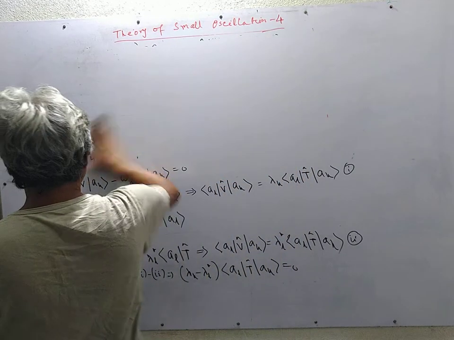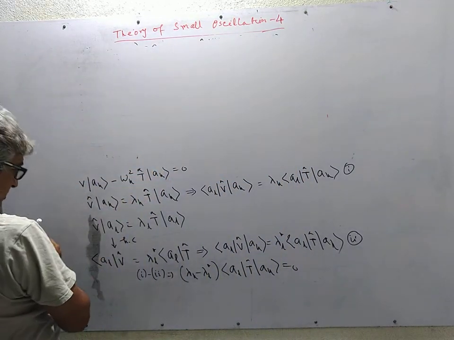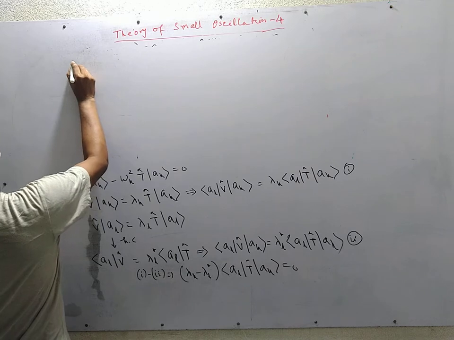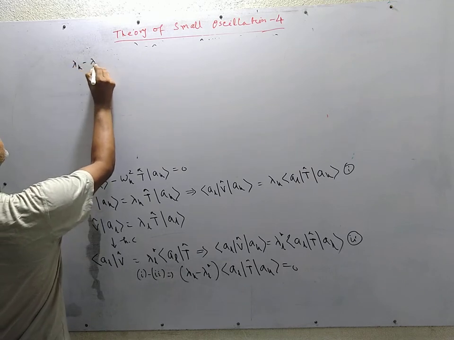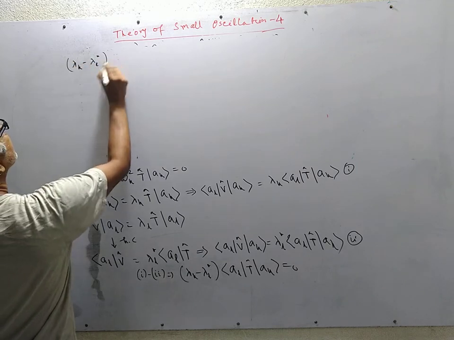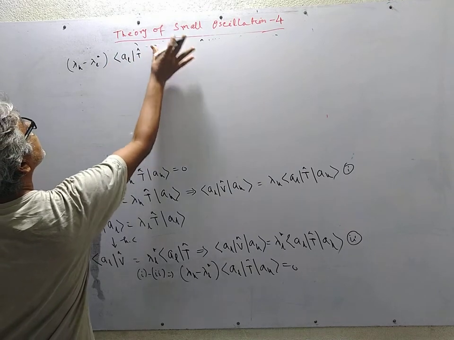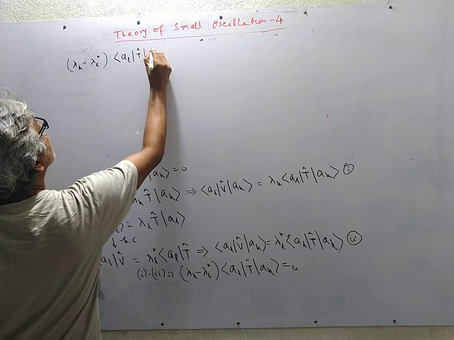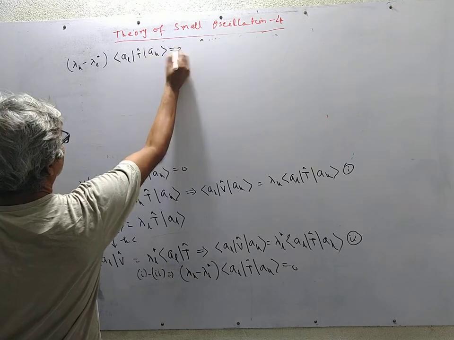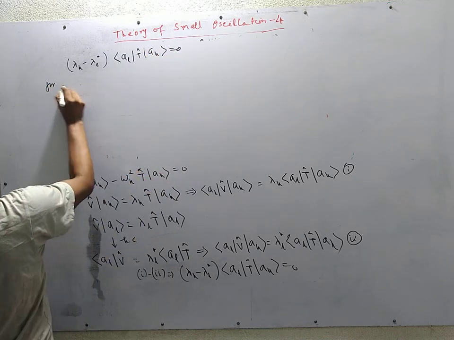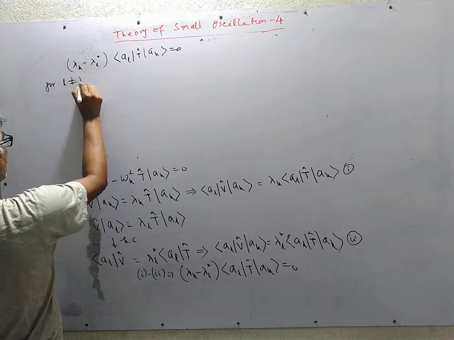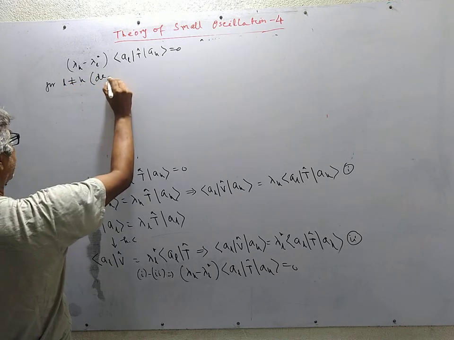So in general we get (lambda K minus lambda L star) <AL|T|AK> equal to 0 for L not equal to K, and for the degenerate case.